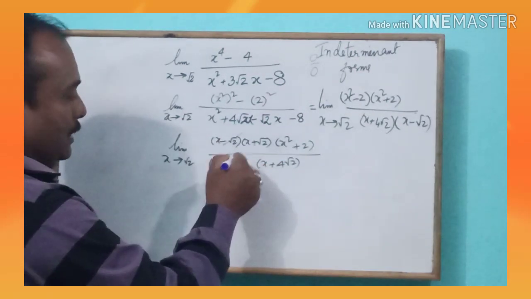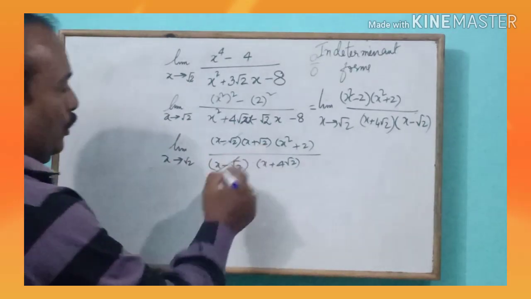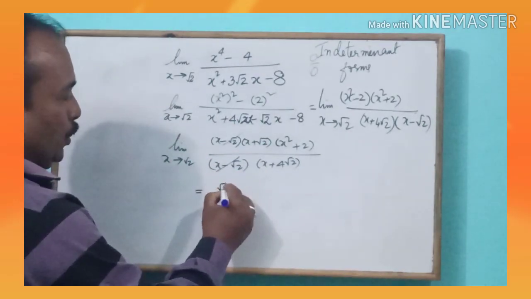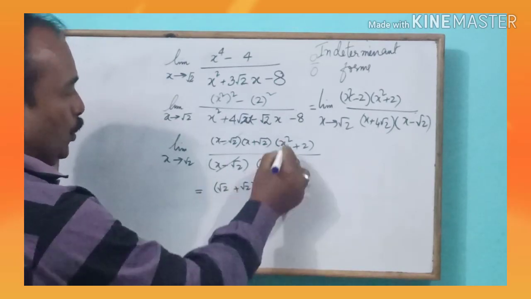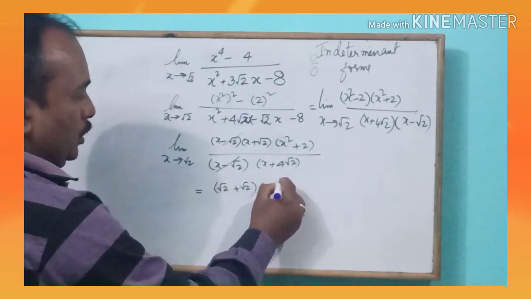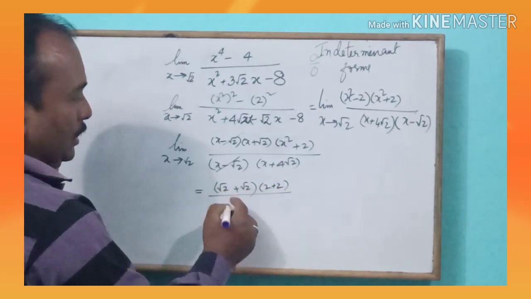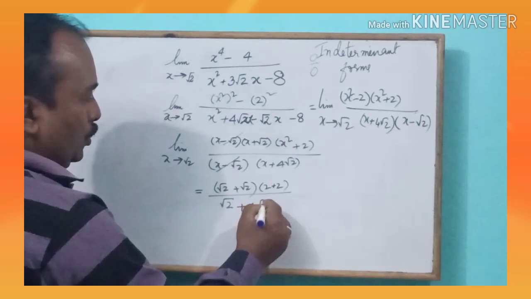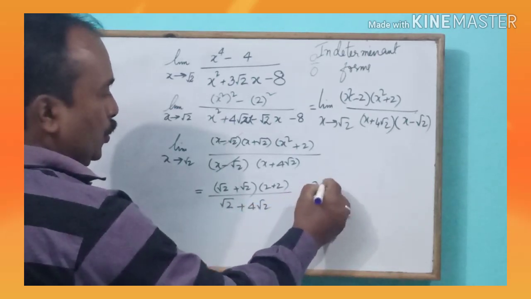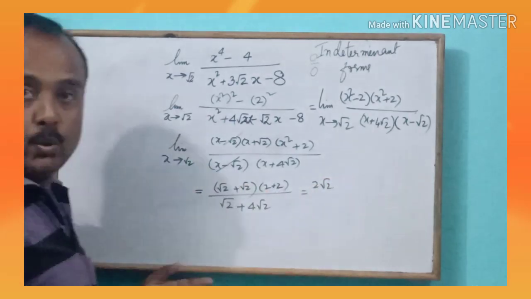This factor gets cancelled. Now if I put the value root 2, I will get root 2 plus root 2, and root 2 square is 2, plus 2. Below we will get root 2 plus 4 root 2. Root 2 plus root 2 is 2 root 2, and 2 plus 2 is 4.